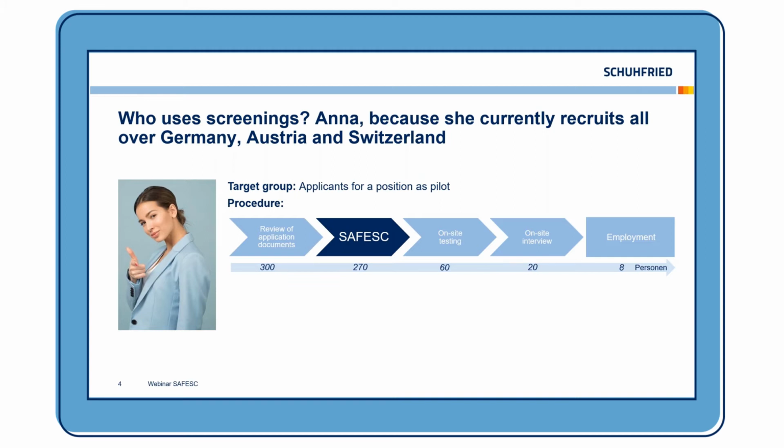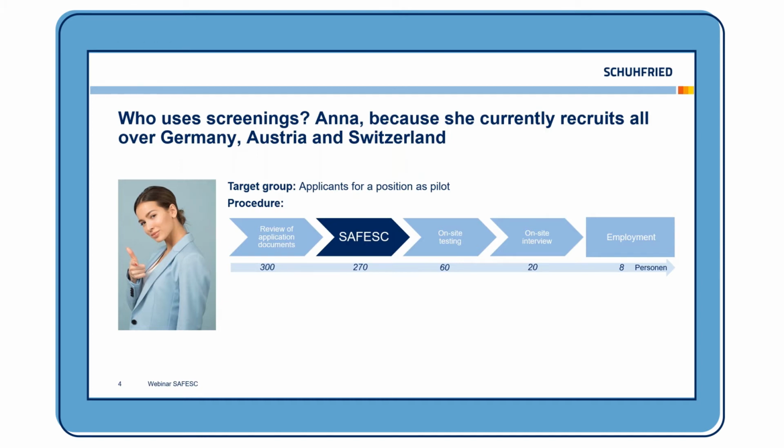So what Anna does is she invites all applicants for a safety screening, especially our SAFESC. And from those 270, the 60 potentially most suitable candidates are then invited to an on-site testing, where beyond the skills tested in the screening, all relevant skills that you need as a pilot are tested.